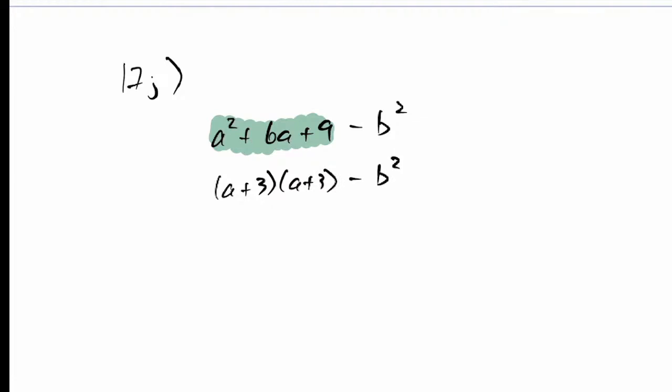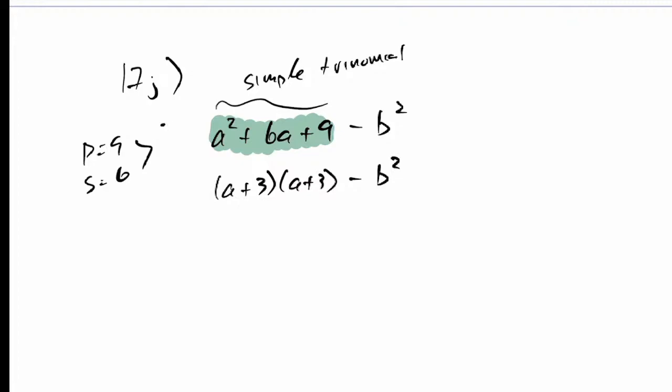I can do 17G. I think I did assign that one. But I didn't assign 17J, but just to show you, this is a simple trinomial here. So I need to think of two numbers that product is 9 and sum is 6. And that's 3 and 3. So I can go like this. But that's exactly equal to a plus 3 squared minus b squared.